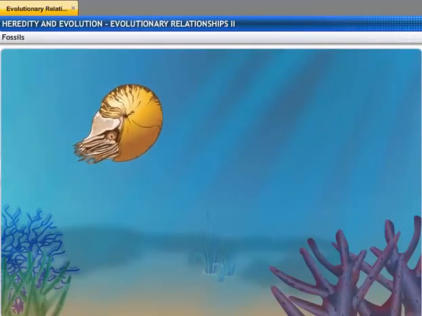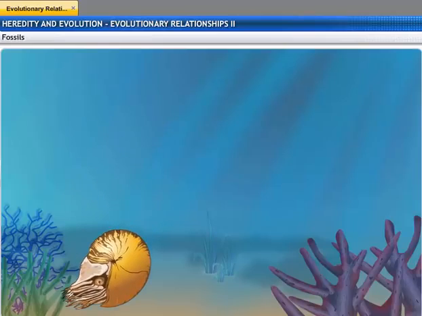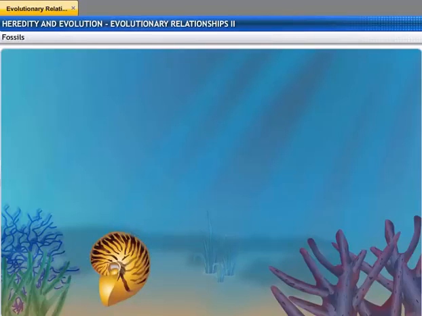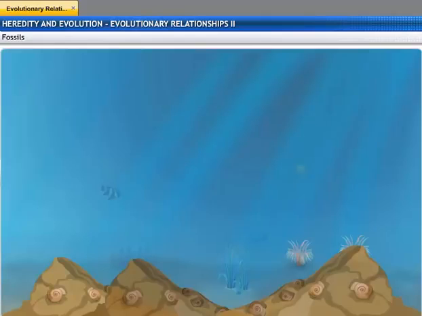On its death, an ammonite sinks to the sea floor. Scavengers feed on the fleshy body, and all that remains is the shell. Gradually, the ammonite's shell is covered with silt and sand.